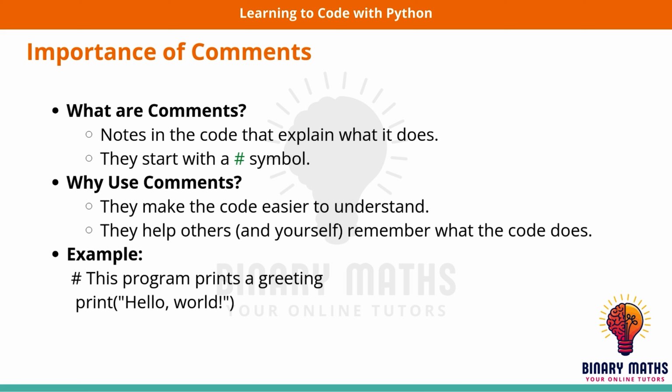For example, you might write hashtag this program prints a greeting before a line of code that prints hello world. Using comments effectively can save you a lot of time and confusion when revisiting your code in the future.